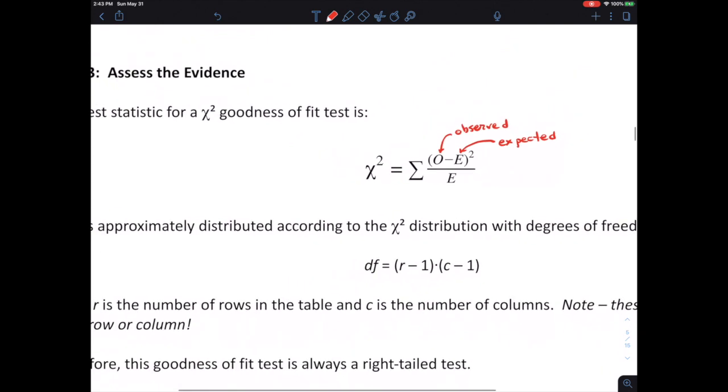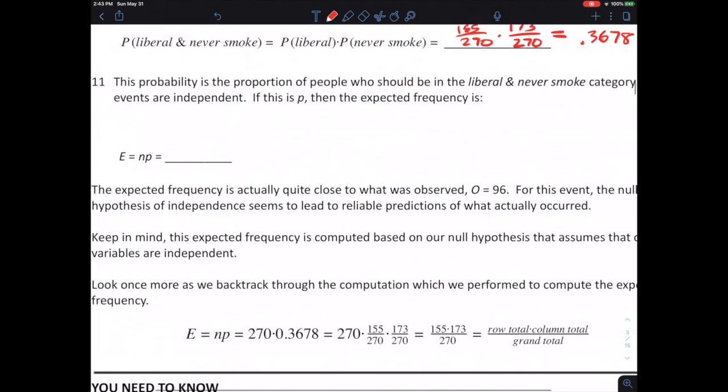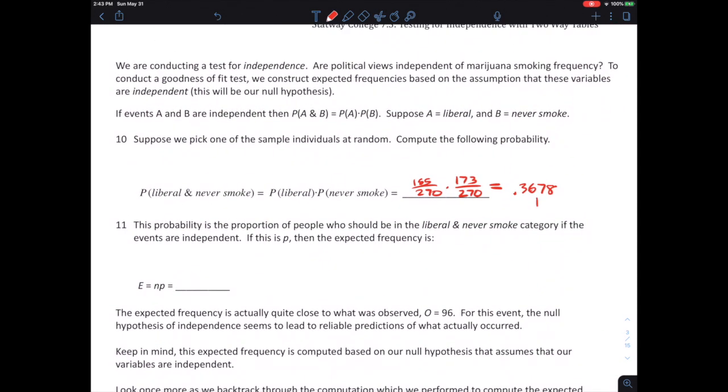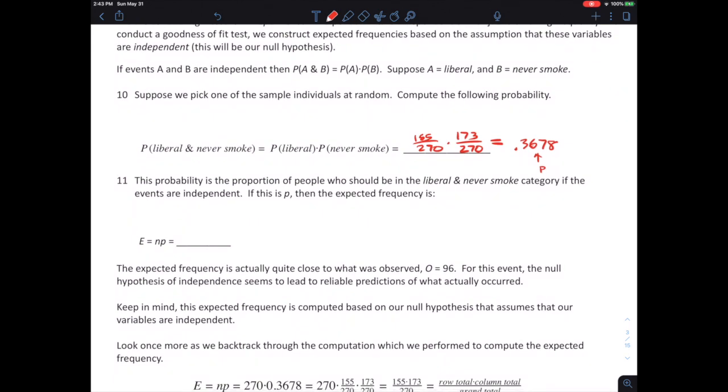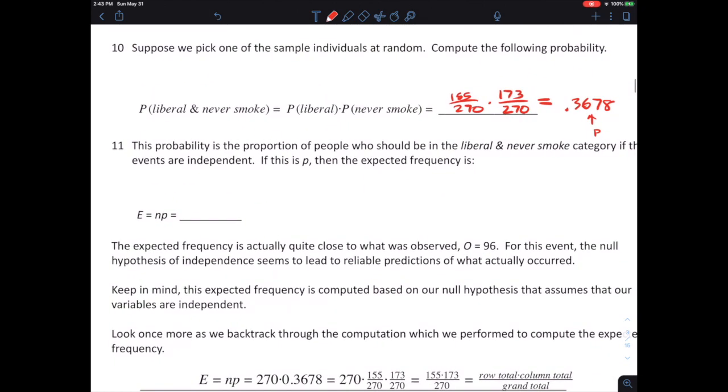And what we just did was we computed a probability. So let's see if I can find that. Here's the p for our probability. Okay, and expected frequencies are n times p. So if you go back, you can remember that the n is 270. Okay, and then the p is 0.3678.